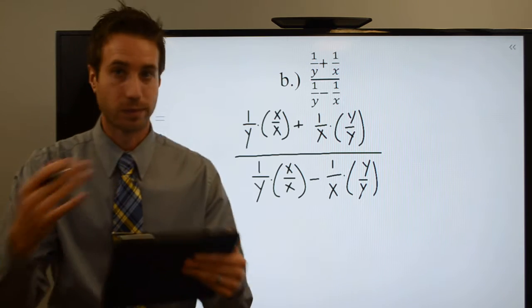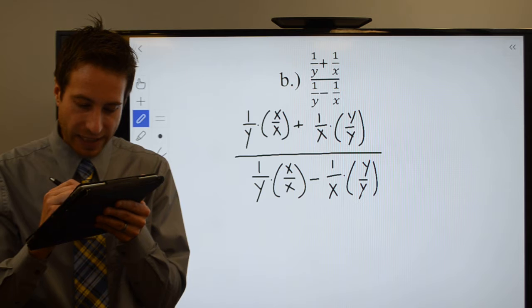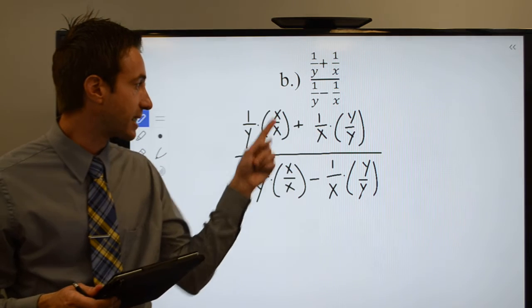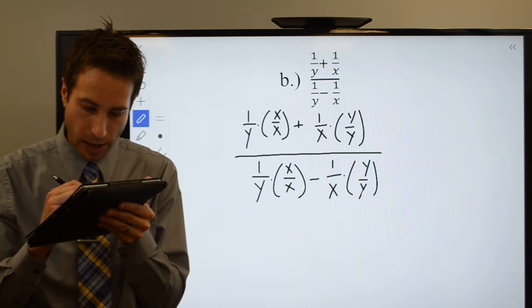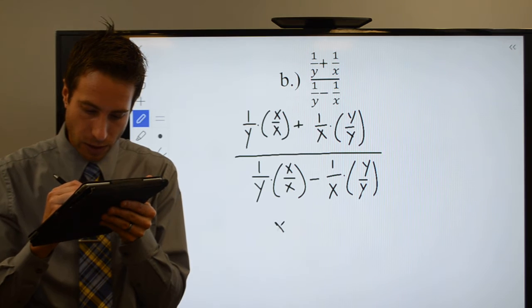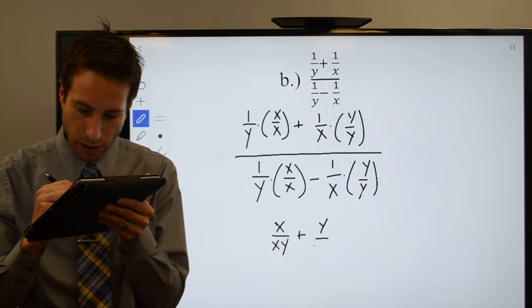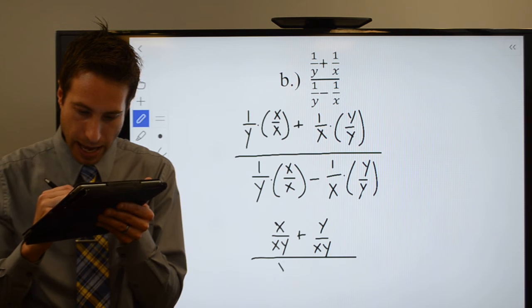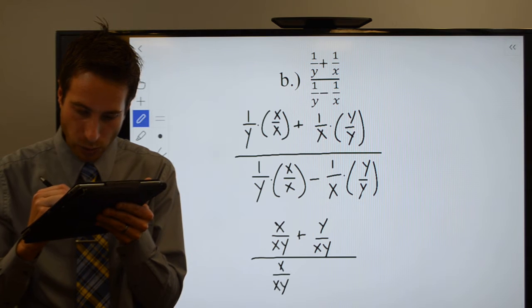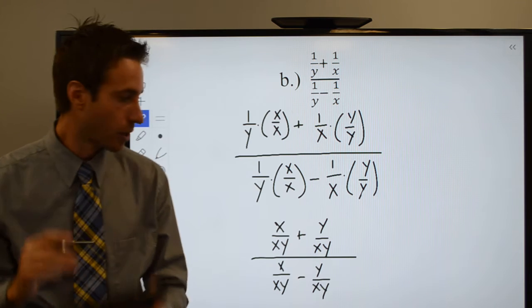Okay, let's go ahead and take care of this then. So what that gives me is 1 times x is x, and that's an xy. 1 times y is y. That'll be an xy, so I wind up with x over xy plus y over xy, all divided by x over xy minus y over xy.